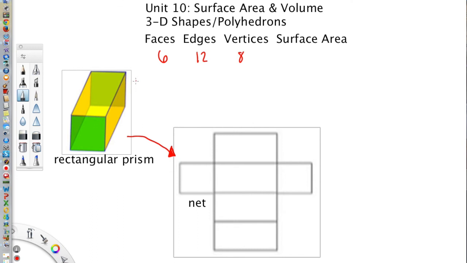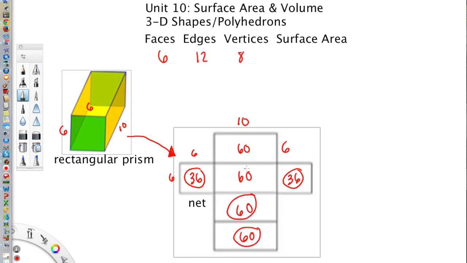And the dimensions that were given to us, this is a 6 by 6 by 10 rectangular prism. So what does that look like? That means that our base rectangles here are 6 by 6, which we know are 36, and 36 units squared. Okay, and these rectangles here are going to be 6 by 10, and we have 4 of them. And we know that 6 by 10 is 60, 60, 60, and another 6 by 10 gives us 60.